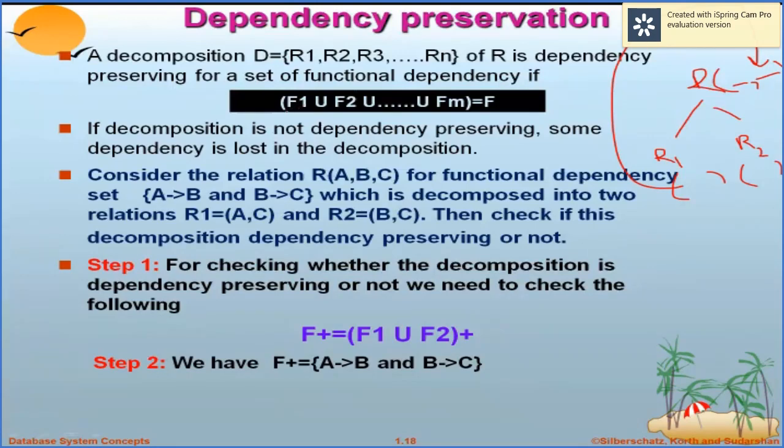So when you apply a union operator between the functional dependencies of relations R1, R2 and so on up to Rm, this union should give me back the original set of functional dependencies. If the decomposition is not dependency preserving, some of the dependencies are lost in the decomposition, which is not okay in the process of decomposition. If you have any loss in the dependencies, then that decomposition is not acceptable.